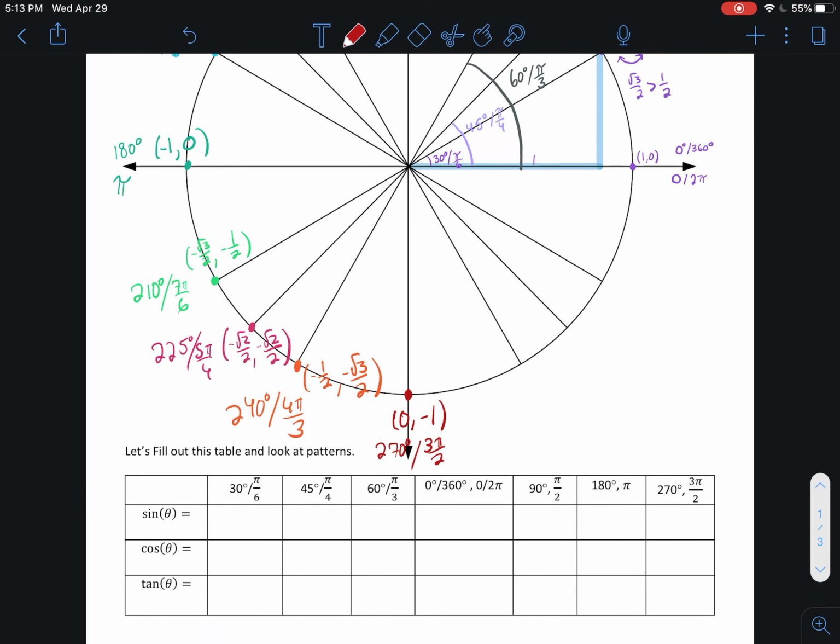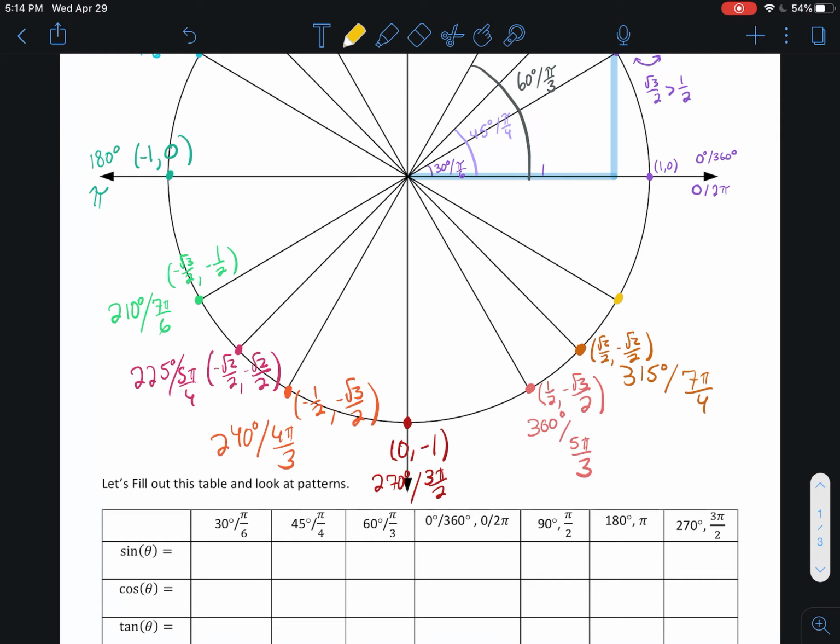So our next point is the last 45-degree angle in our unit circle, and that's going to be 315 degrees, so 315 degrees. This is also known as 7 pi over 4 radians. The point that we're at is radical 2 over 2, comma negative radical 2 over 2.